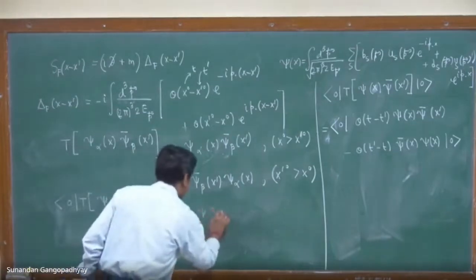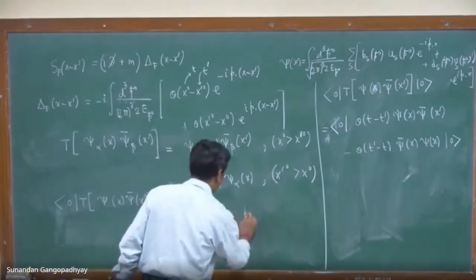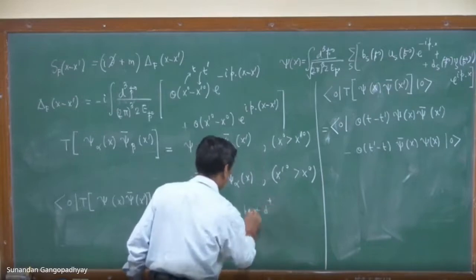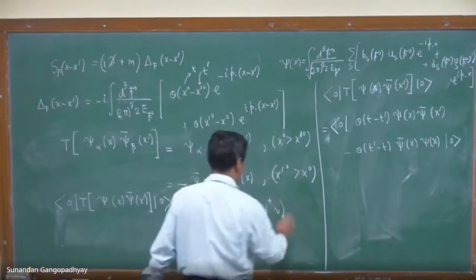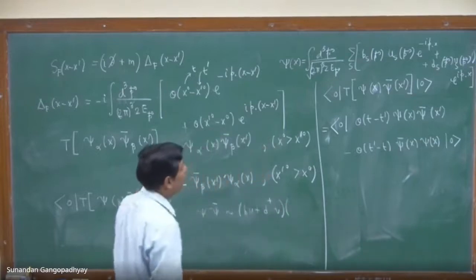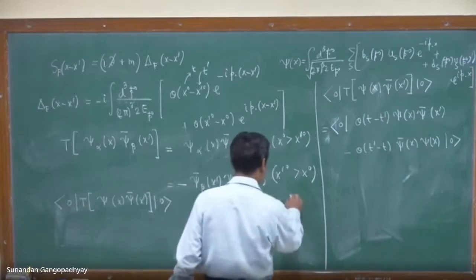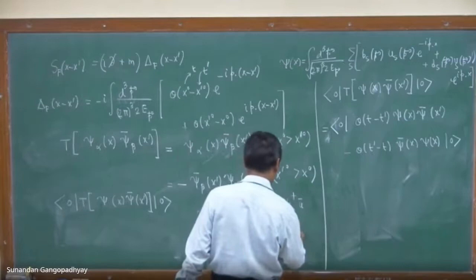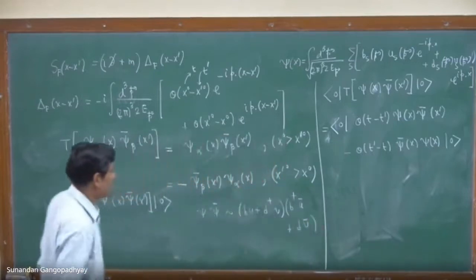Psi is of the form b u plus d dagger v, and for psi bar we have b dagger u bar plus d v bar. That is what we should have.